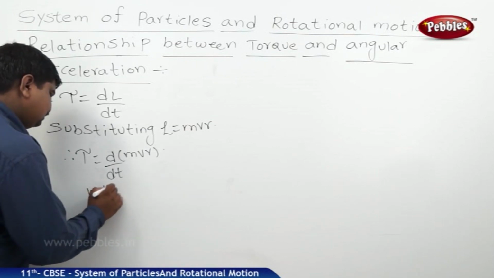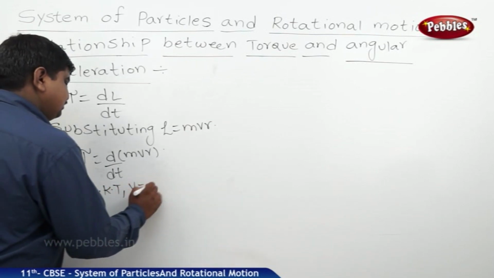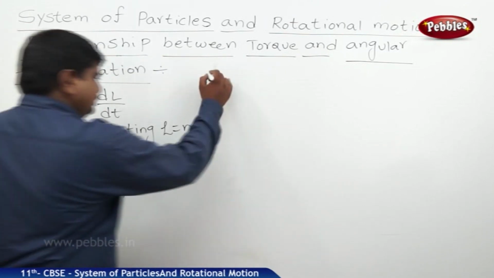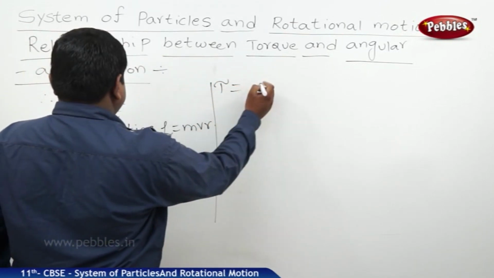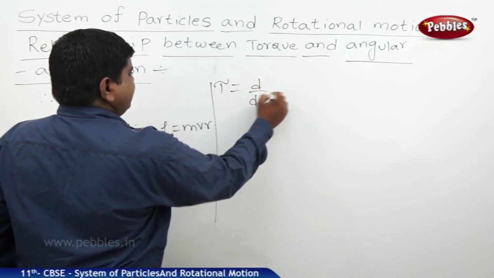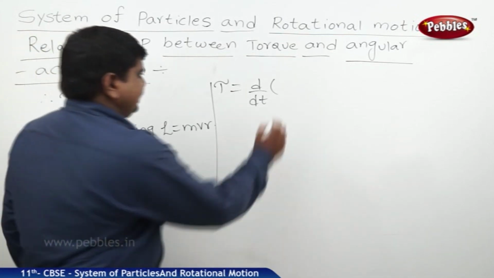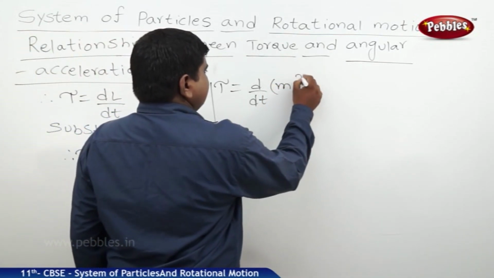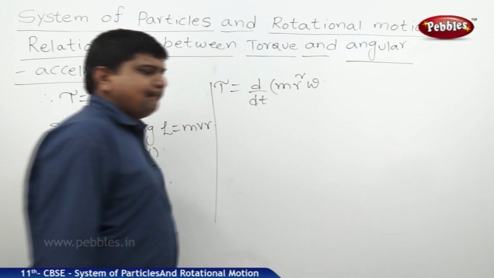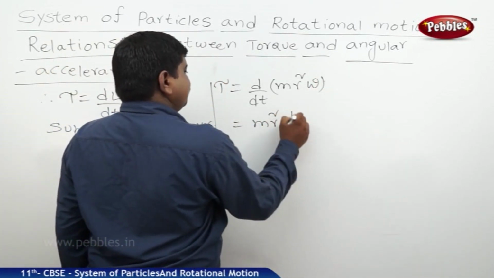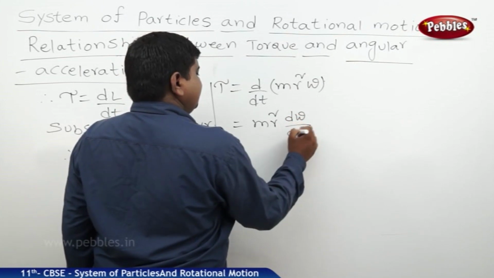We know that v is equal to r omega. If I substitute this value in the previous equation, tau is equal to d by dt of m r into r omega, nothing but m r square omega. So we can write this as m r square into d omega by dt.